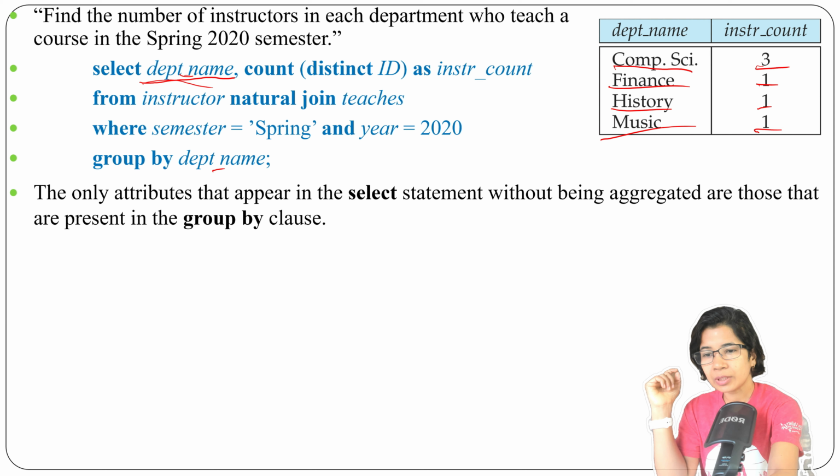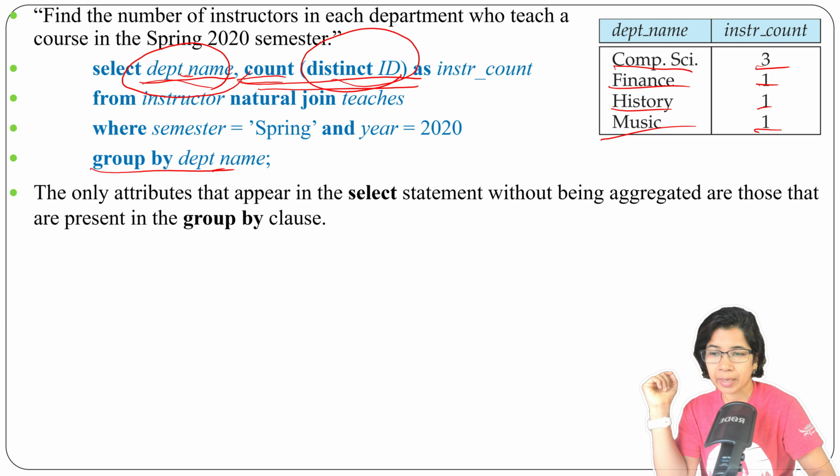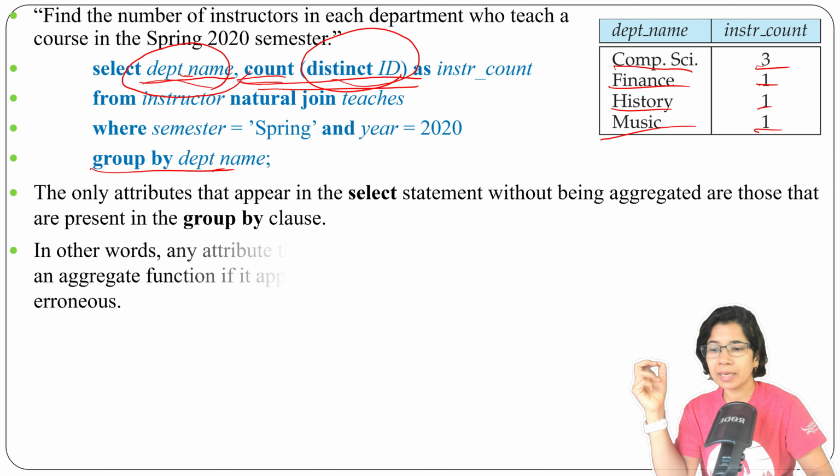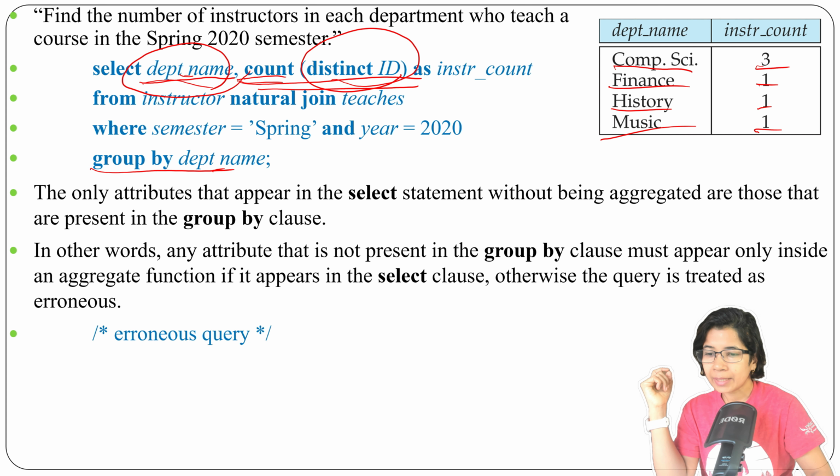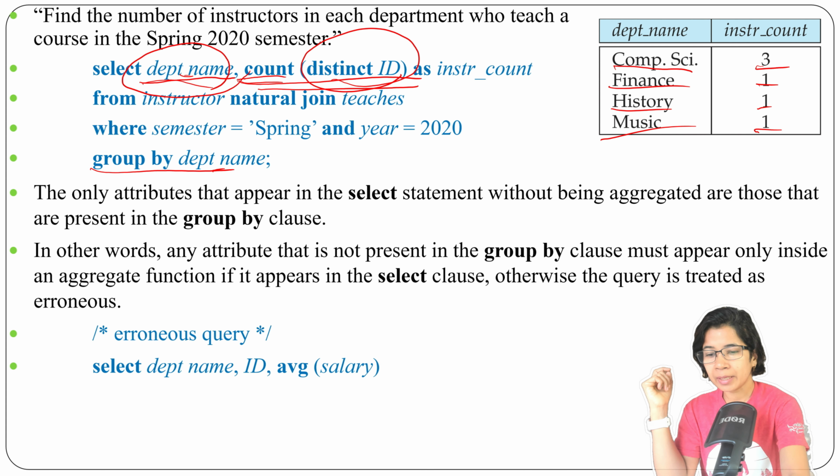So here we are using the aggregate function count for distinct ID. Other than this aggregate function, only department name can exist. That department name should be present in group by. If you are writing any other name in the select clause, then that will be an error. For example, select department name, ID, average salary from instructor, group by department name.